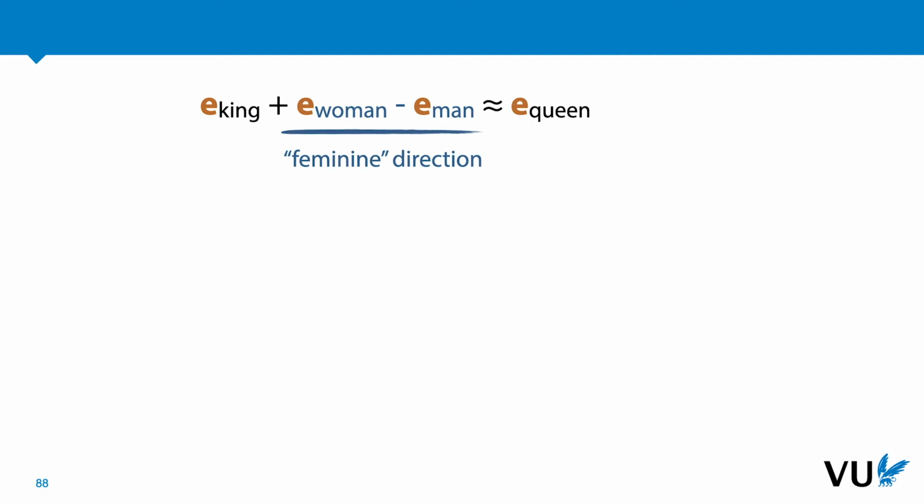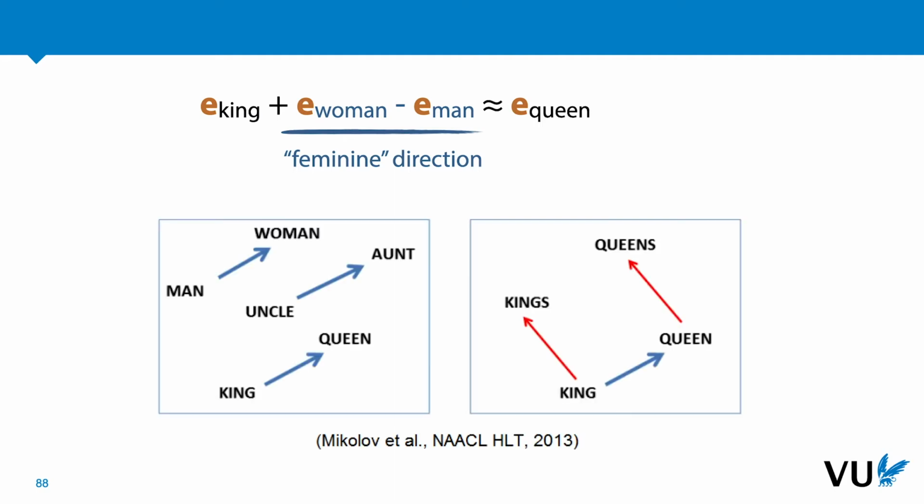If we add that direction to the word king and see which embedding vector is closest to the point we end up with, that is the embedding vector of the word queen. And there are a couple of examples like this. It doesn't always work, but it works often enough to suggest that there really is some kind of semantics captured in these word embeddings that are produced in this way. So this gives us very useful word embeddings that we can use for many different settings.